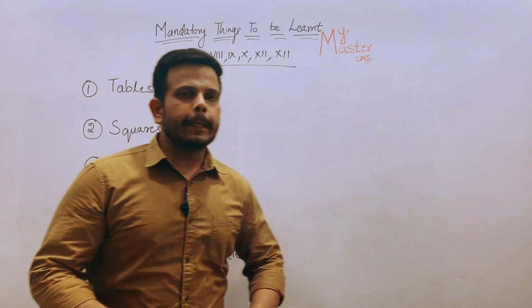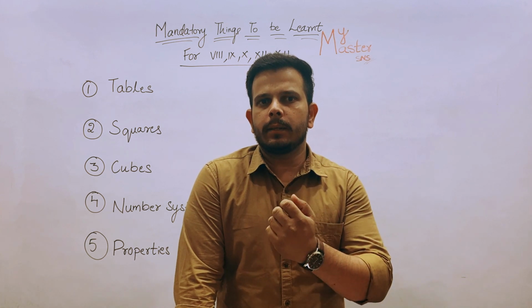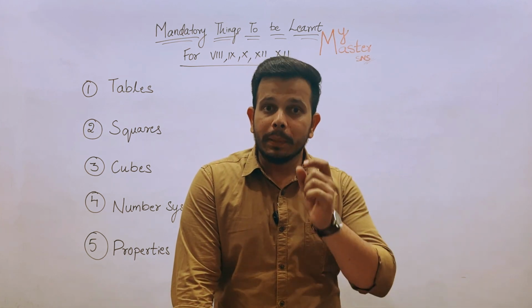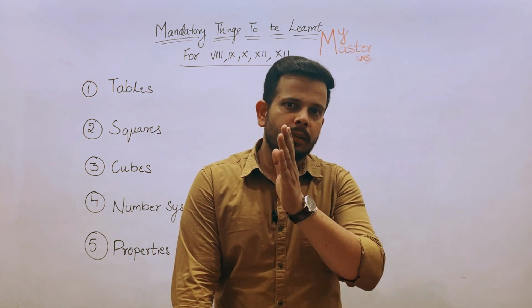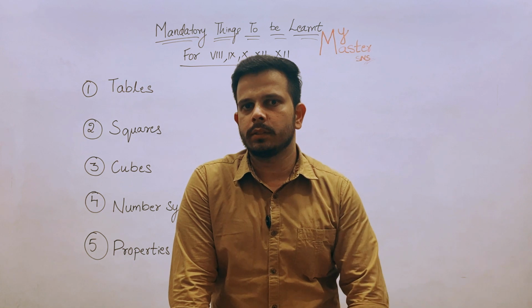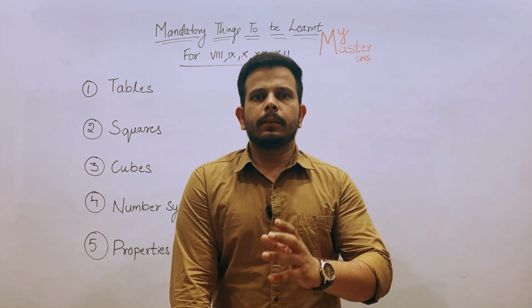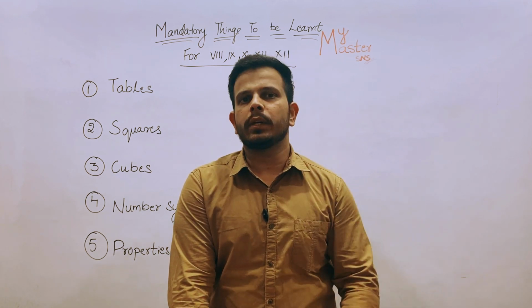Dear students, today we will be learning the basic and mandatory things to be learned for 8th, 9th, 10th, 11th, 12th students. Okay, you start learning this, remembering this, by hearting this, whatever you say.